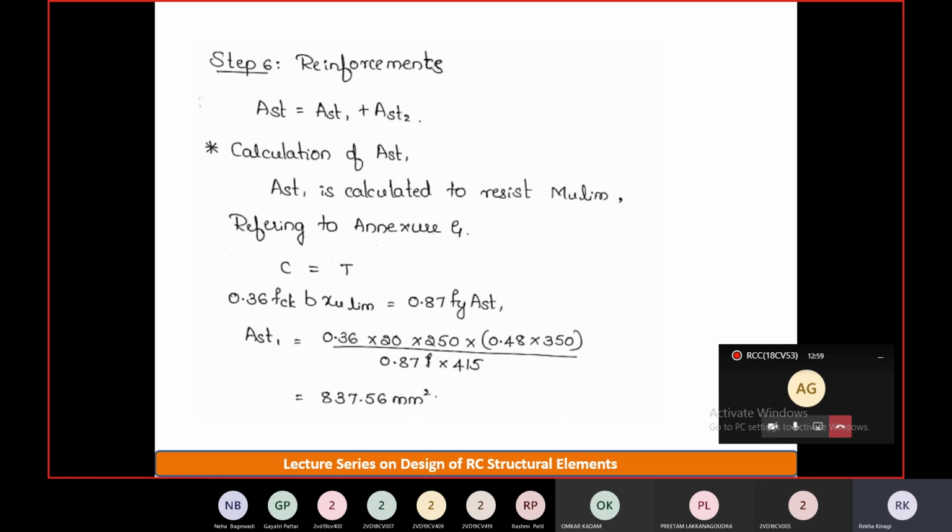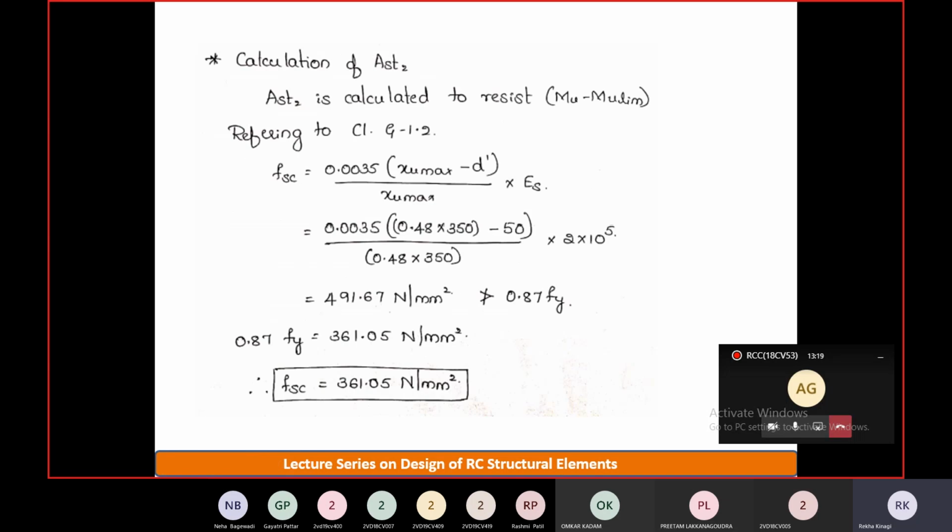In the previous session we calculated the value of Ast, that is the summation of Ast1 and Ast2, where Ast1 is calculated to resist the moment of Mu limit and Ast2 is calculated to resist a moment of Mu minus Mu limit, as given here.